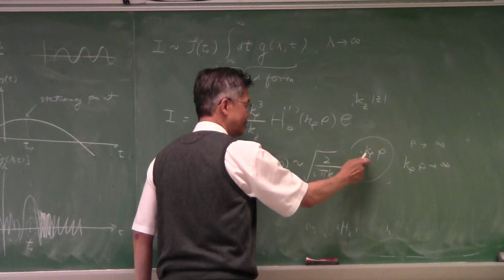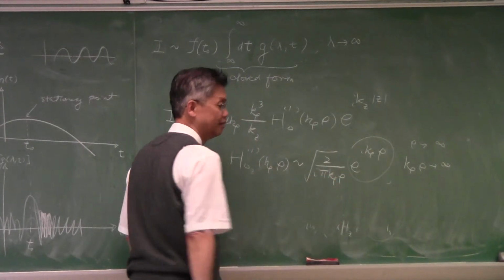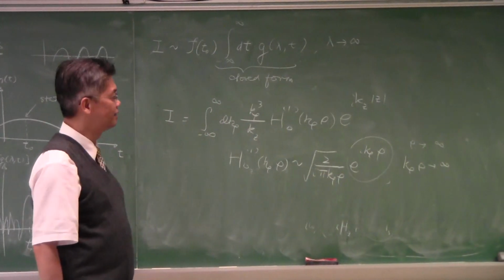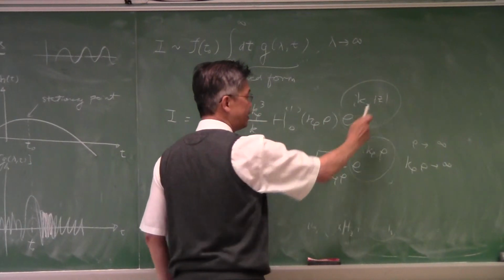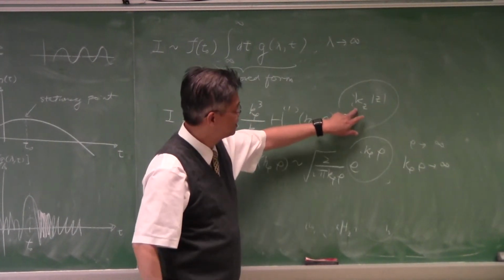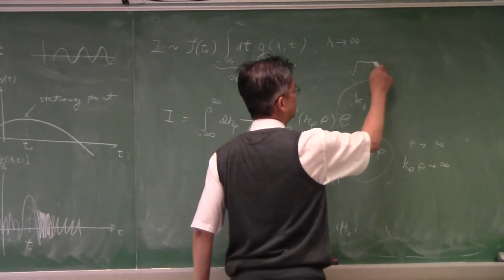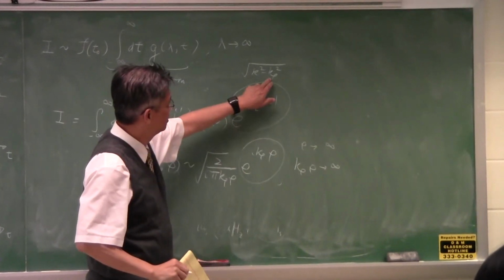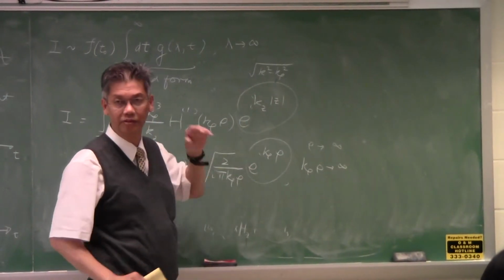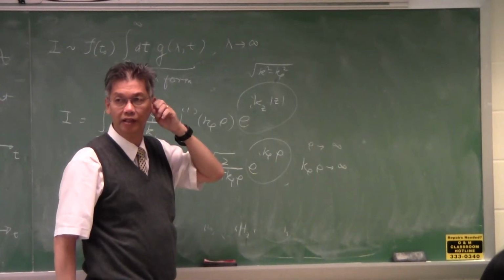If rho is very large, k_rho just has to change a little bit, then the function changes rapidly. This part too is also highly oscillatory. If z is very large, if k_z changes very little, where k_z is the square root of k squared minus k_rho squared, if k_rho squared changes very little, this function will also become highly oscillatory.